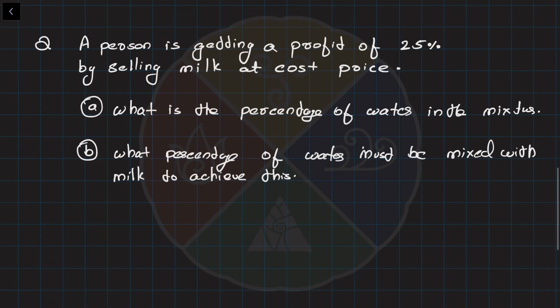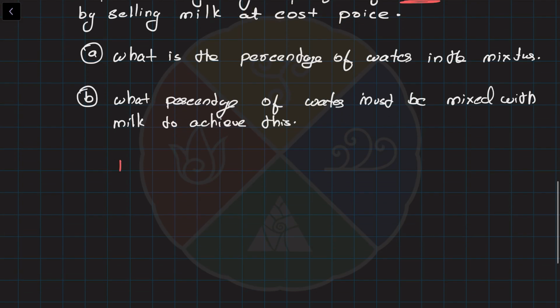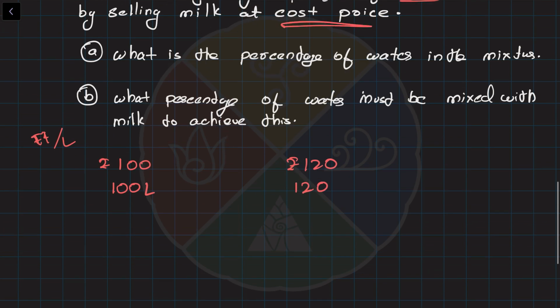Here the person is getting 25% profit. That basically means that if the person buys milk at 1 rupee per liter, for 100 rupees he will get 100 liters, and he is selling it for 125 rupees at the cost price. Therefore he is selling 125 liters.